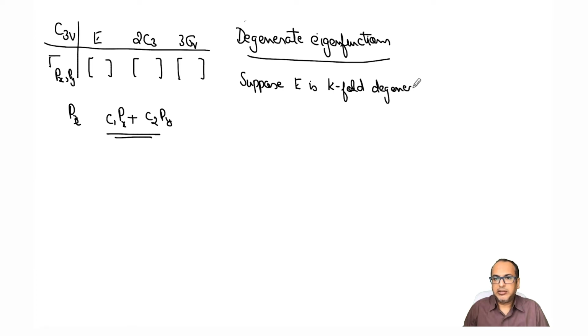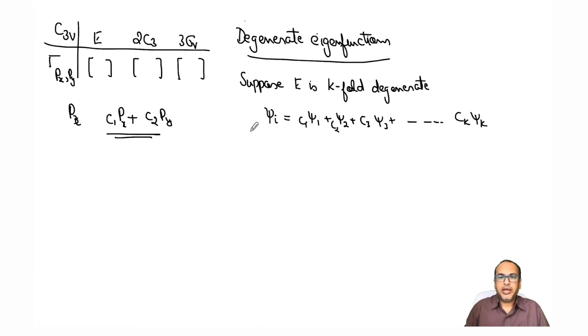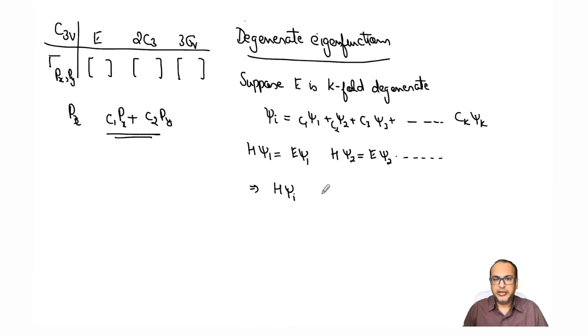It means that psi I can be expressed as a linear combination of psi 1, psi 2, with coefficients c1, c2, c3 psi 3, plus ck psi k, and if H psi 1 is equal to E psi 1, H psi 2 is equal to E psi 2, and so on, then I can say that H psi I is equal to E psi I.